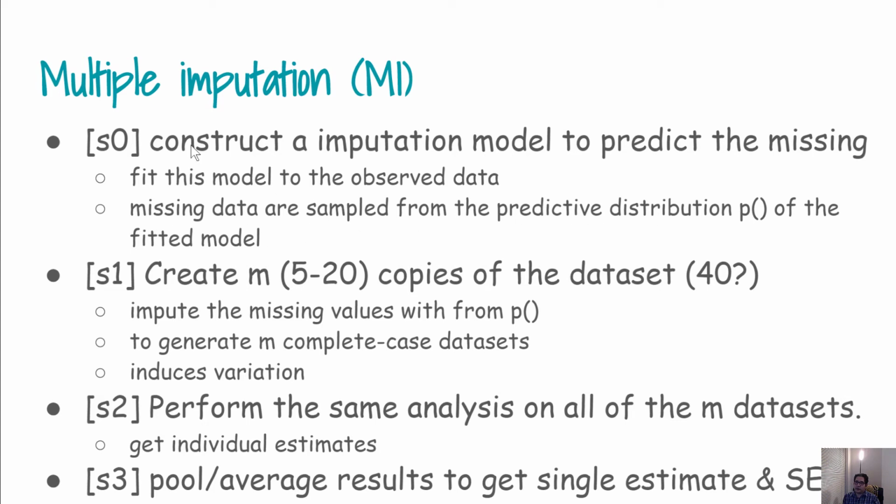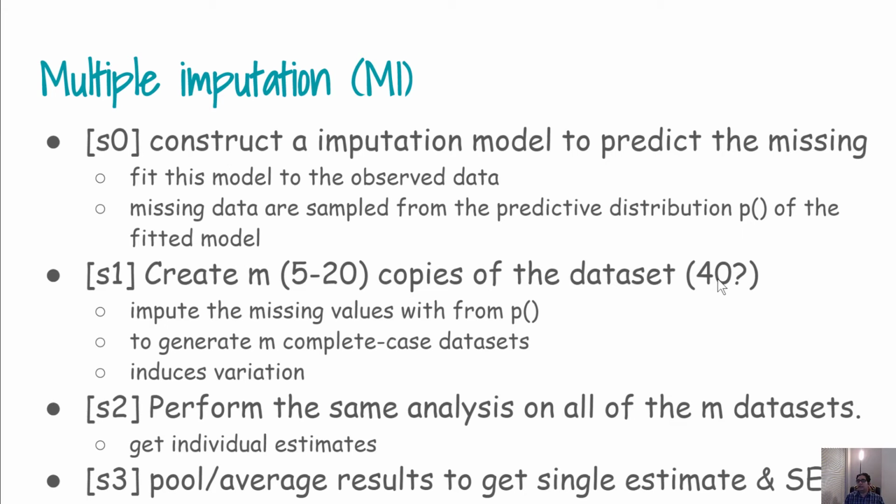And once we are done with our imputation model and the model fit, then we go to the second stage where we essentially create some copies of the dataset. Ideally, people use either 5 copies or 20 copies of the dataset, but if your computing resource allows, you can go even more, and in the diagnostic setting section of our lab we will show why that matters.